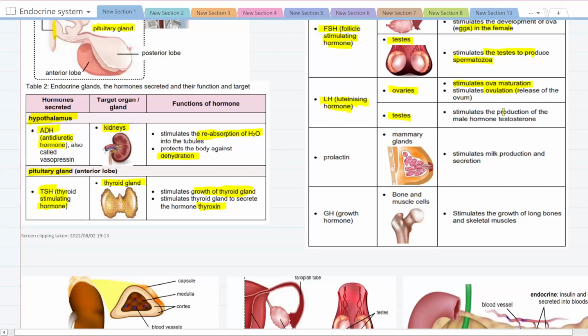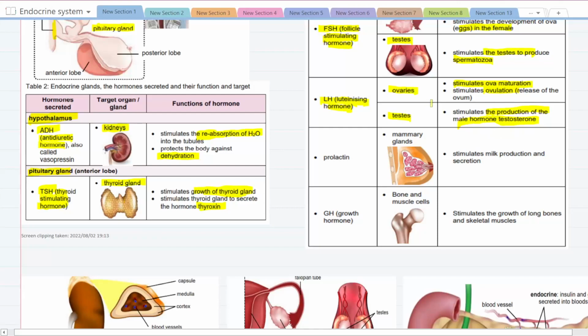Now in the testes, of course, luteinizing hormone during what is known as puberty, it stimulates the production of the male hormone, which is the testosterone. And this happens, if you still remember, the cells of Leydig. Cells of Leydig are the ones that are responsible for secreting testosterone.